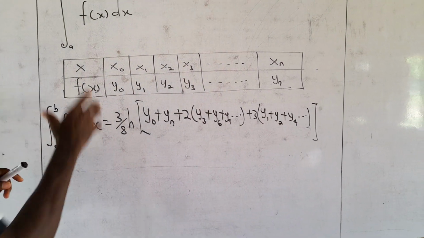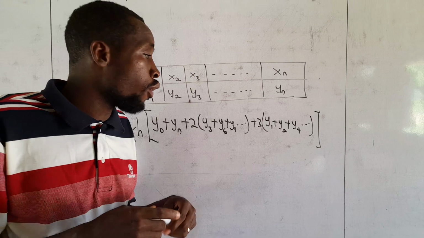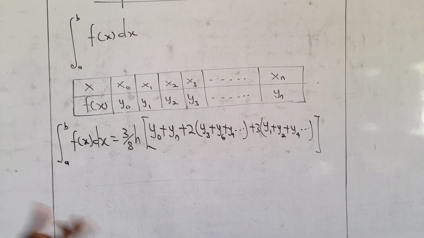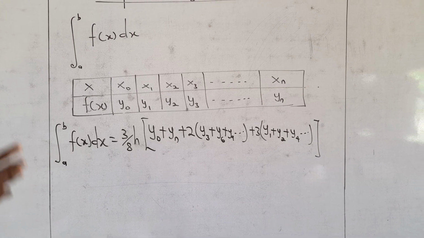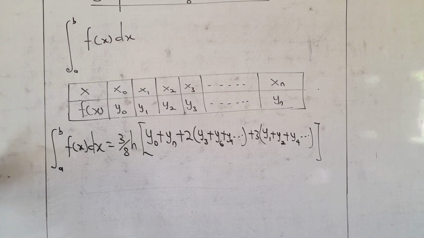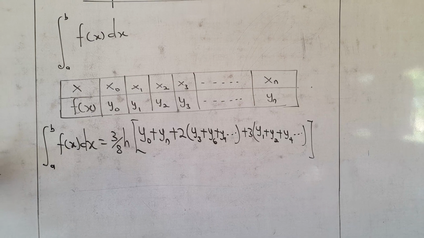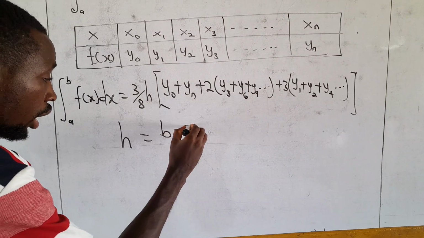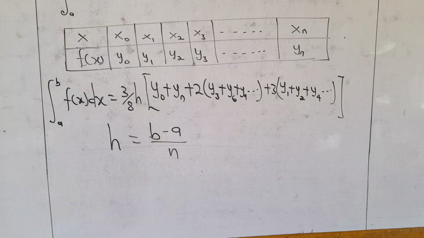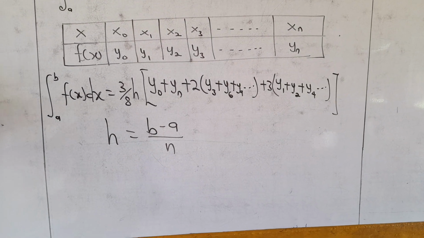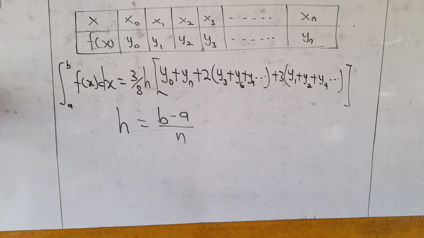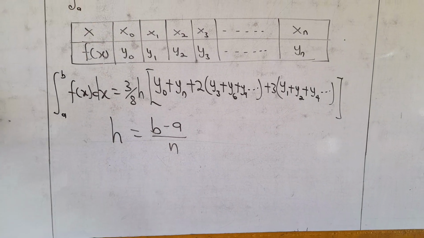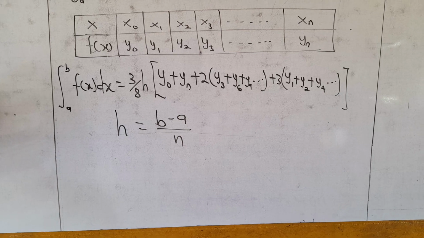So remember, the Simpson 3/8 rule can only be used if the number of vertices is a multiple of 3. And remember, our h is equal to b minus a all over n, where n is the number of vertices. So when n is a multiple of 3, then we can use the Simpson 3/8 rule. Other than that, we cannot use it.